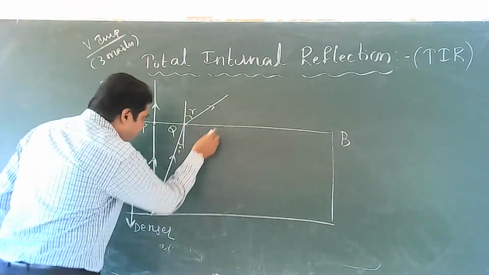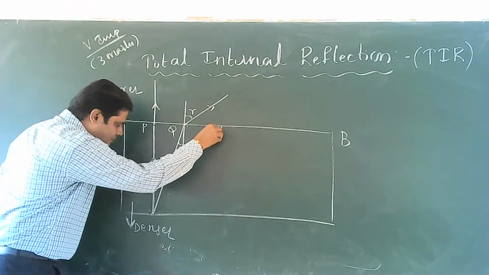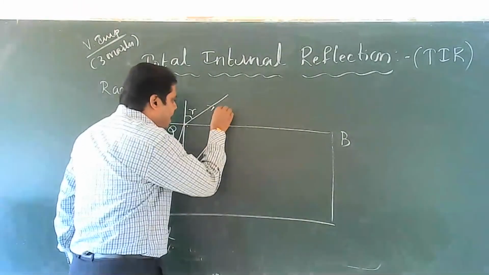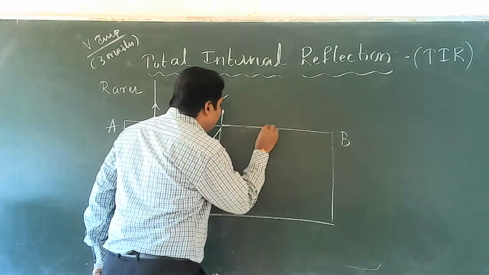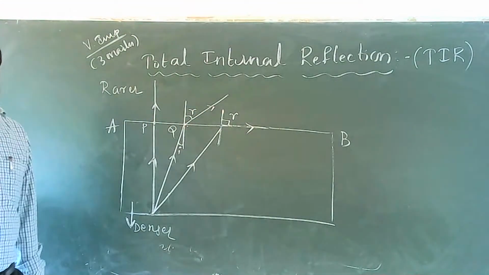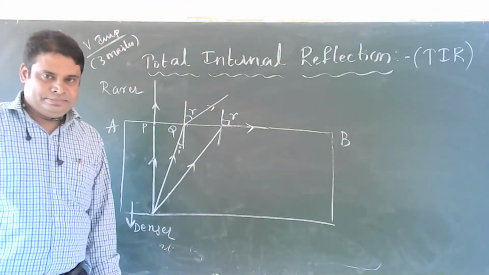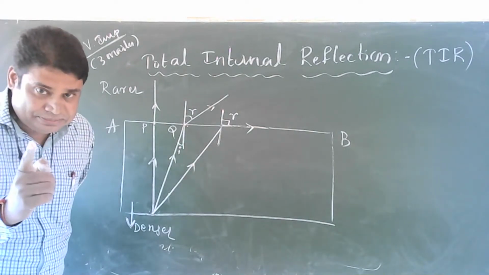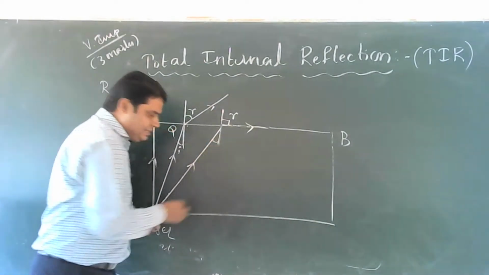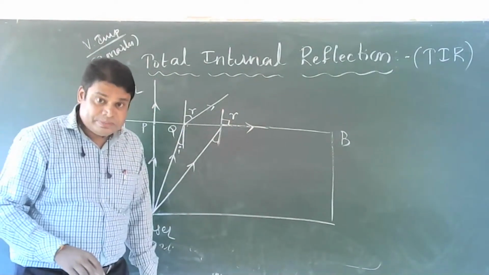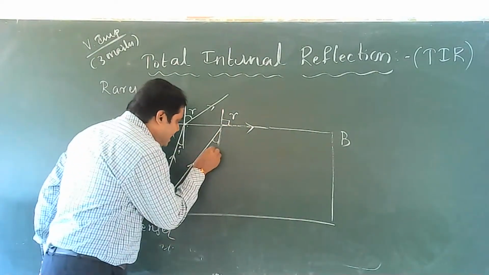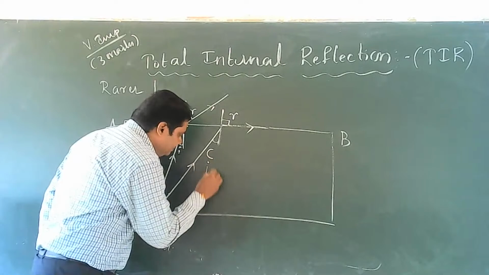A point is reached when your angle of refraction is equal to 90 degrees. This angle of incidence, for which the angle of refraction is 90 degrees, is called the critical angle, simply C or IC.